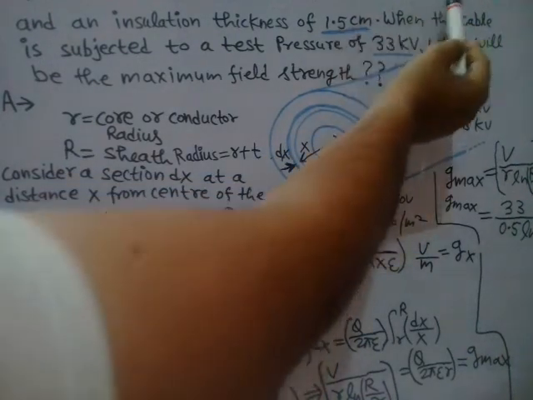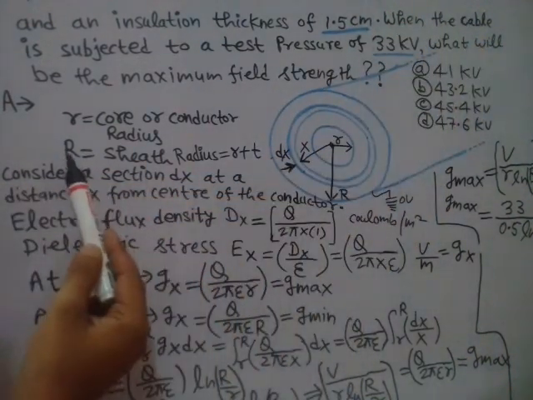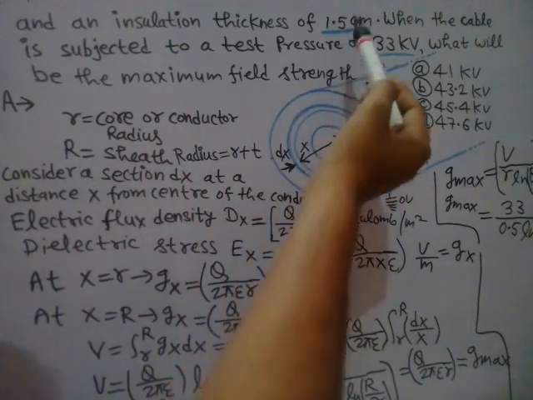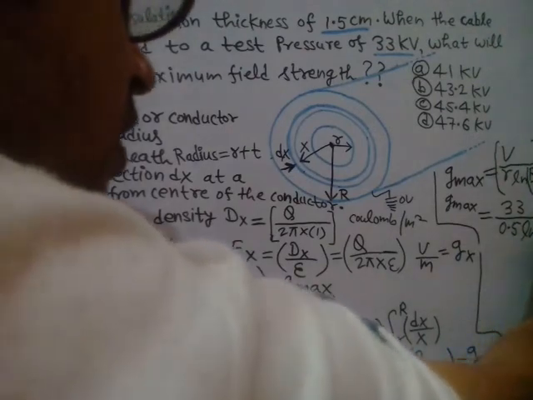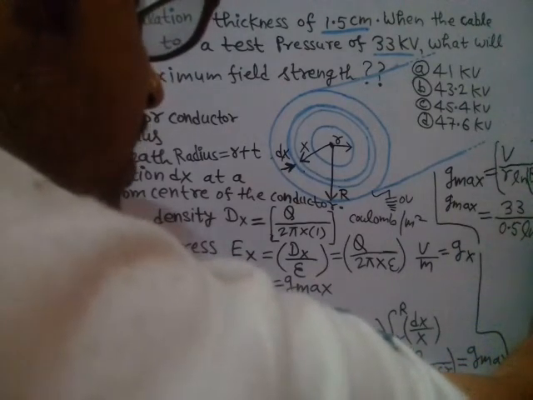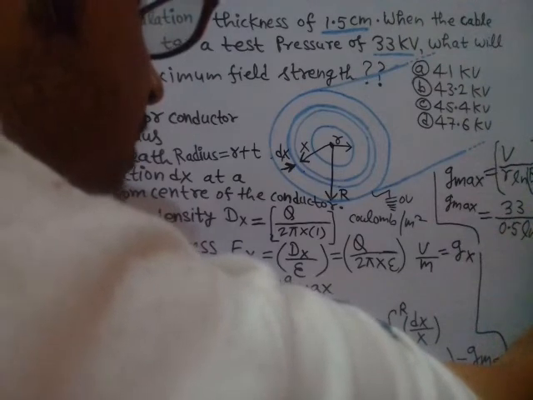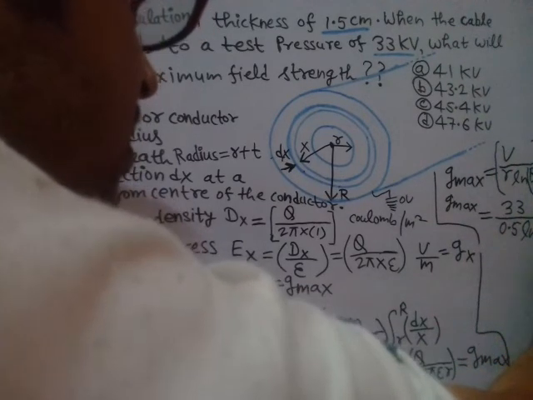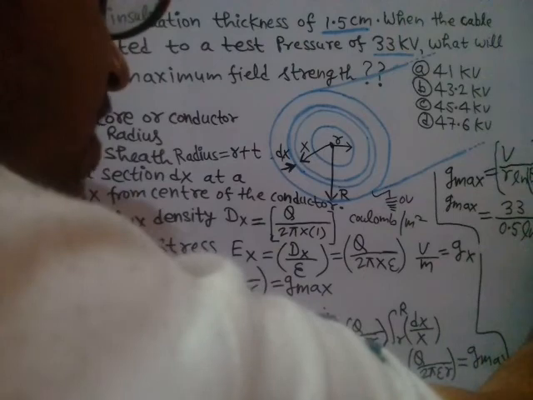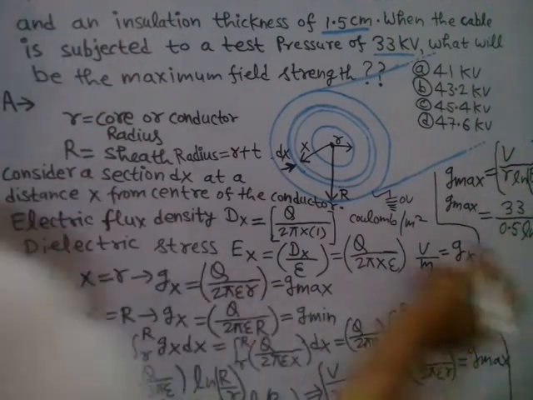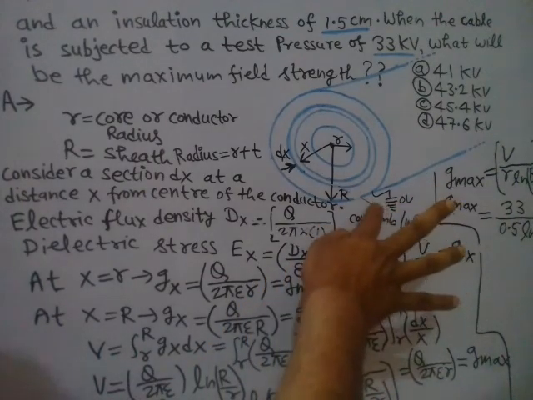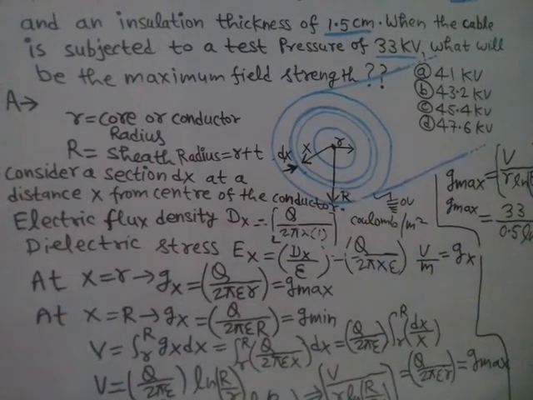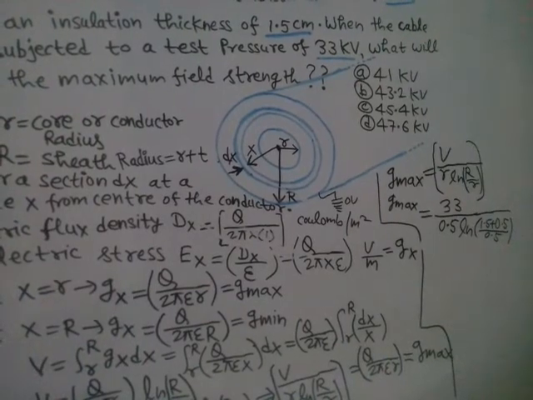So 1.5 plus 0.5 becomes 2, equal to capital R. So 33 divided by 0.5 ln capital R by small r.